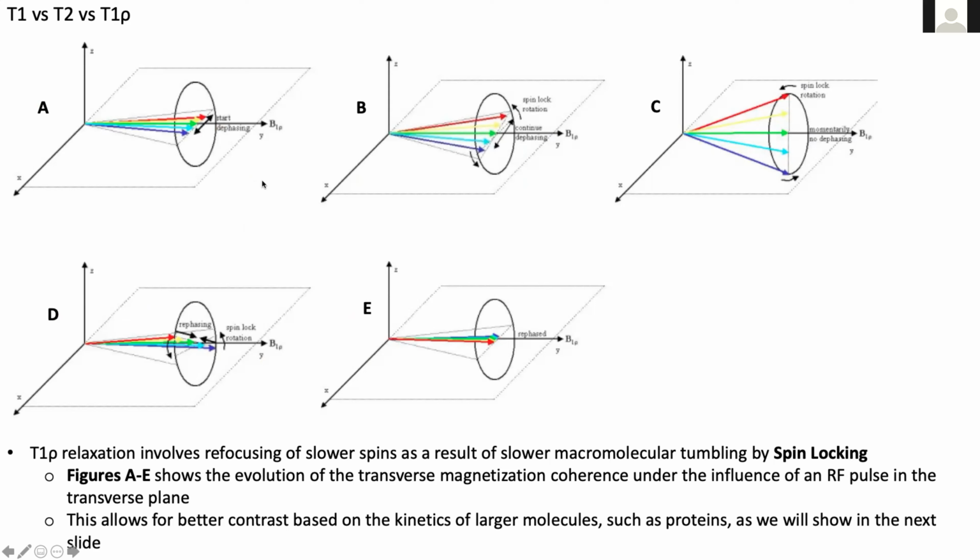This causes a refocusing of slower spins caused by slower macromolecular tumbling, which is called spin locking. In images A, B, C, D, and E, we see the evolution of the refocusing of these spins. This allows us to get better contrast based on the kinetics of larger molecules, such as proteins, as we will show in the next slide.